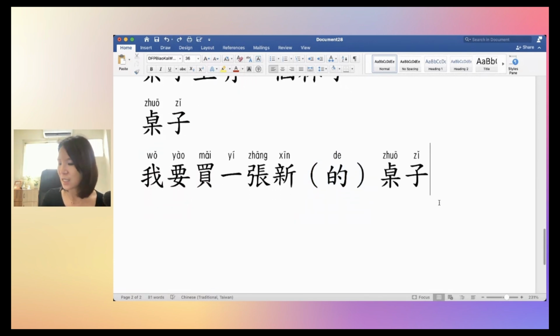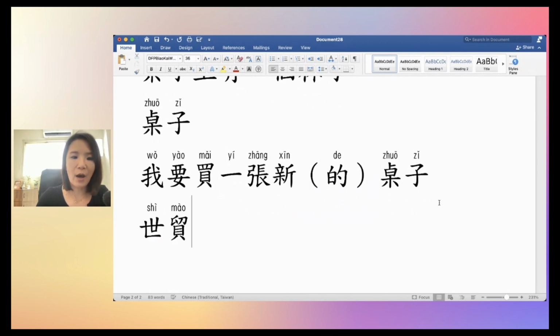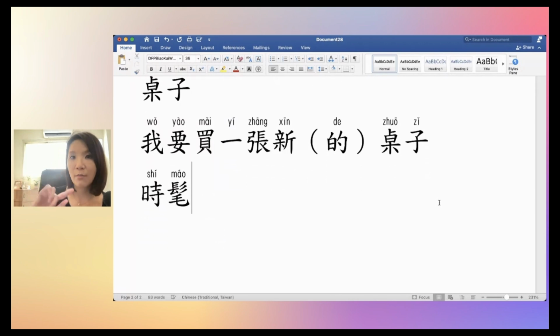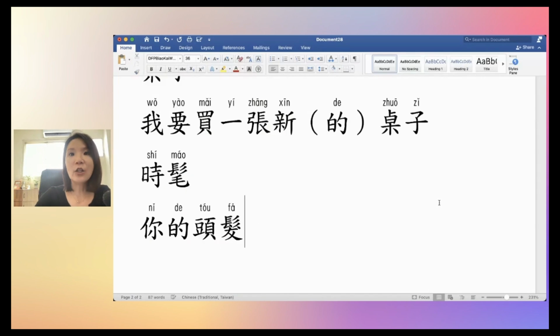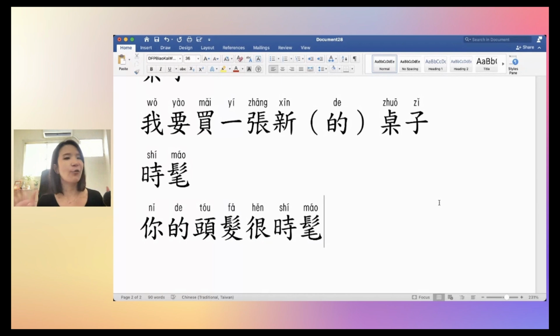That is 桌子. The next one is 时髦. 时髦, second tone and second tone. So 时髦 is fashionable. For example, I could say your hair is fashionable. 你的头发很时髦. Your hair is fashionable.